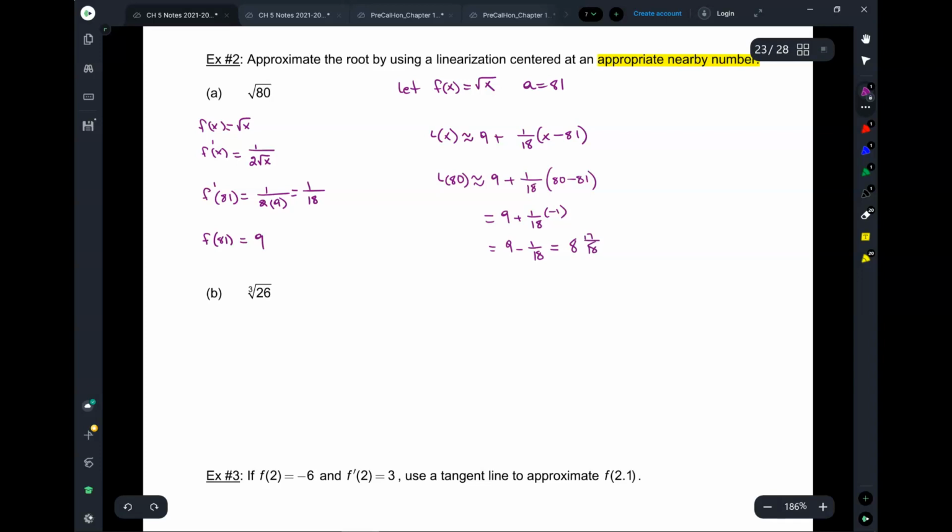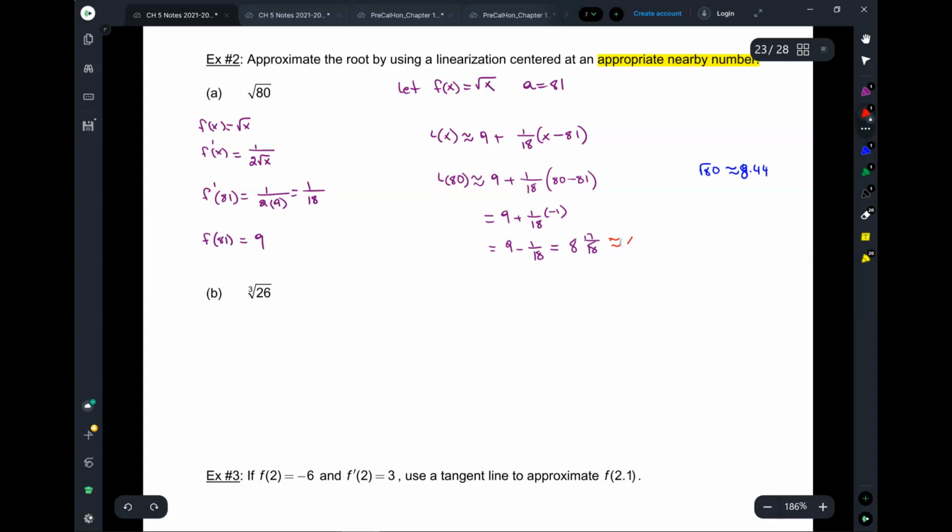All right, and look at that. You just approximated root 80. So it just so happens that this is approximately equal to 8.944 repeating. And root 80 is, I'm sorry, hang on, sorry, I wrote that wrong.